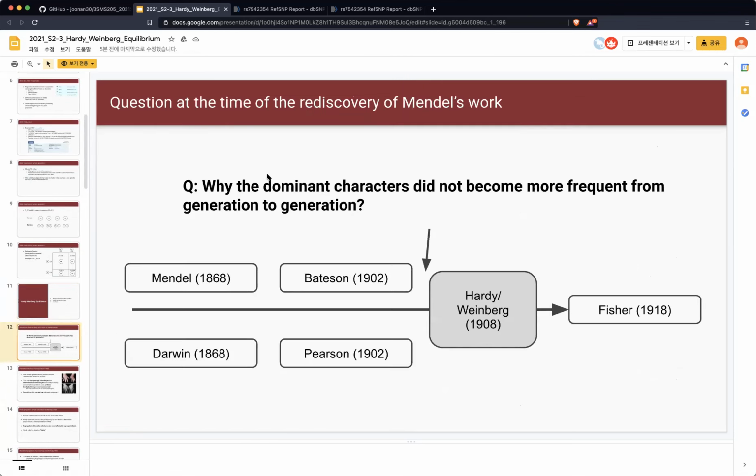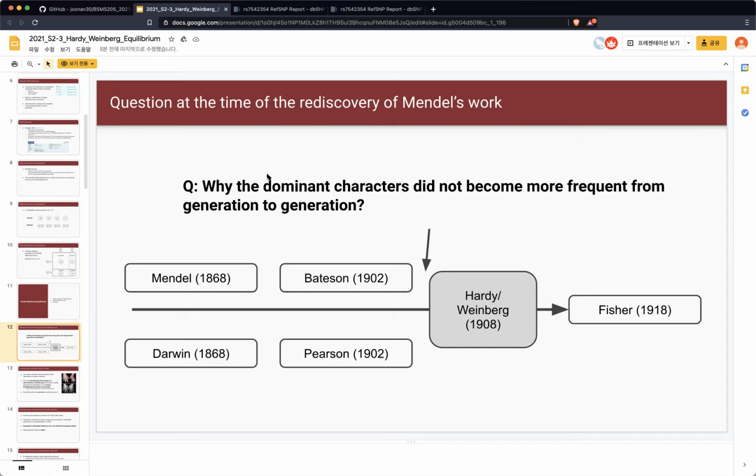The Hardy-Weinberg equilibrium is a critical concept you have to understand for the Mendelian factors in early genetics. So the question we have in this topic is why the dominant characters did not become more frequent from generation to generation. The dominant allele has to appear in the heterozygous.